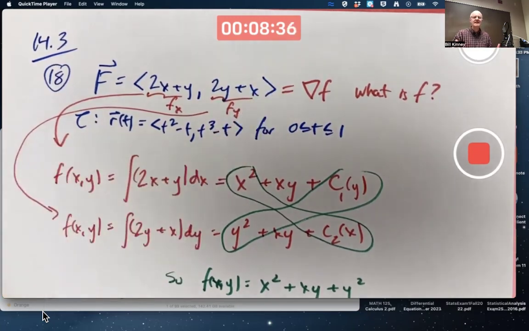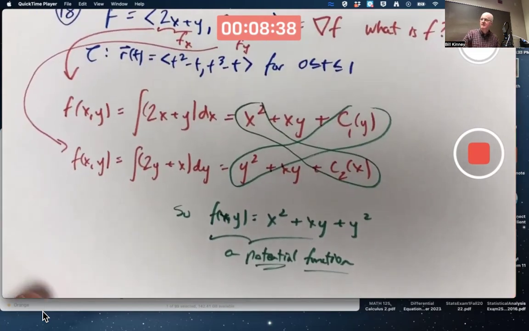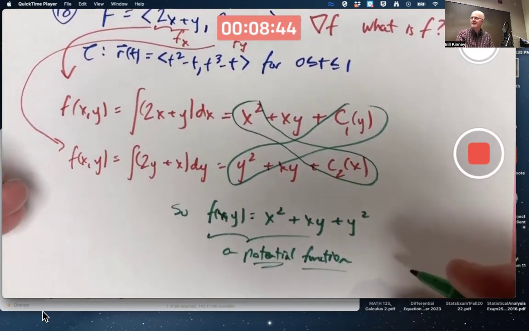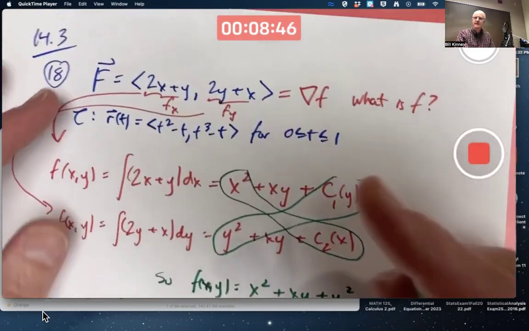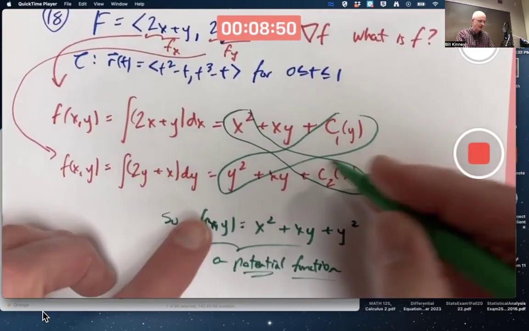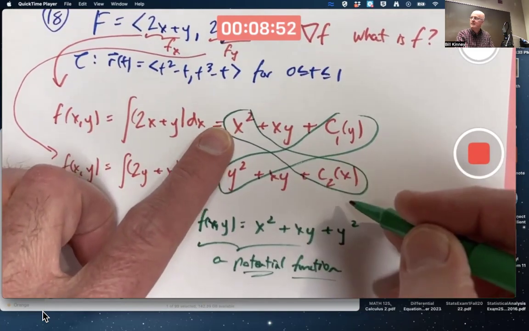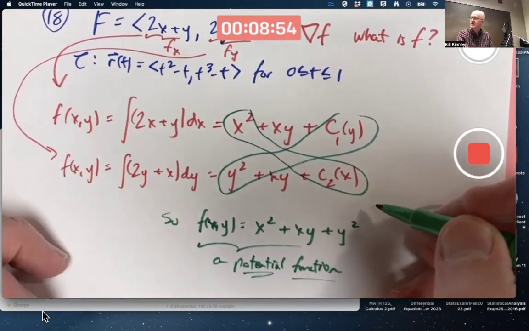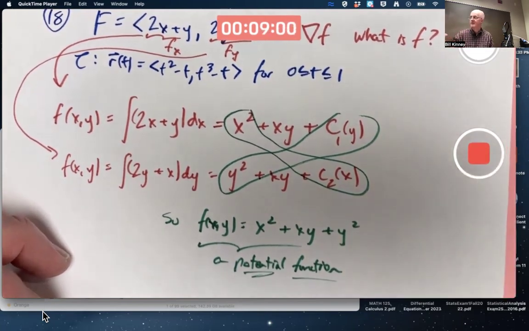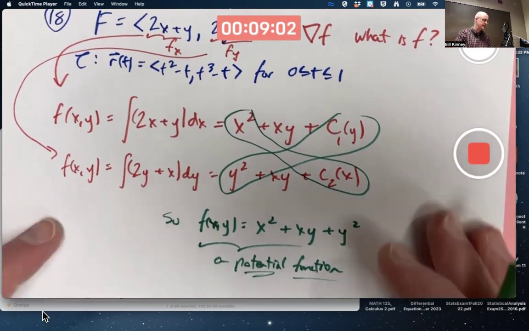Could I have predicted that I'd be successful without actually doing the integrals? And by the way, if you try this method with some vector field that does not have a potential function, you won't get consistency here. You won't be able to line up these constants of integration in a way that'll make sense. That's what will go wrong if you try it for a vector field that does not have a potential function.